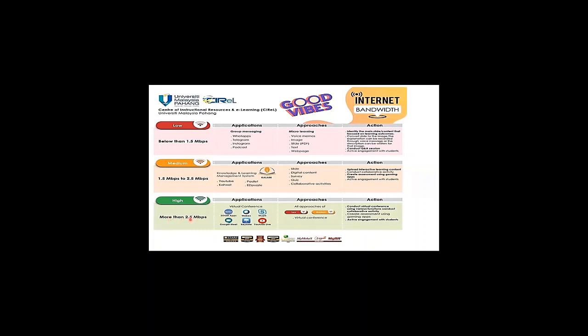It's a high bandwidth, and you need to make sure that you have a stable internet connection when you are going to use it. If you don't have a stable internet connection, then move on to asynchronous mode like Padlet, YouTube, or a few other platforms, or you could use these tools. Right, so every institution, IT department or e-learning department could come up with this. That would be very helpful for educators to pick based on the availability of resources.